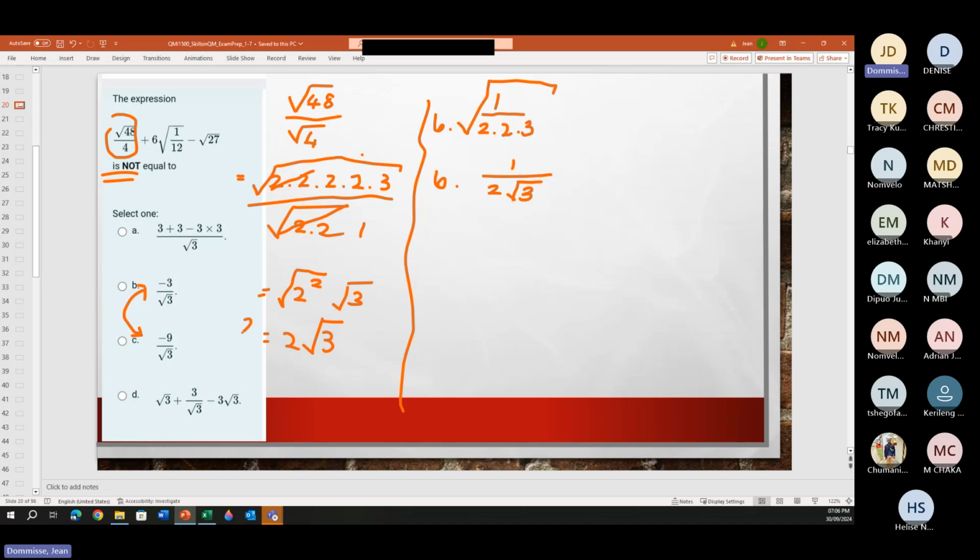I'm just going to check this one again. So then if we simplify that, it's the same as that. And then if we simplify that, 2 goes in there, 2 goes in there 3 times, we get 3 over that. Okay, so at least there we've got something that is similar.